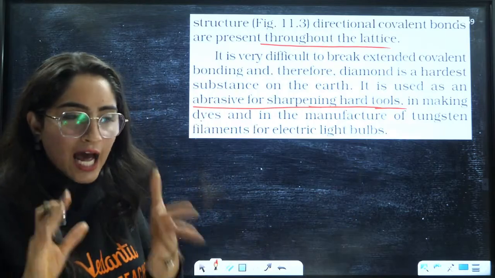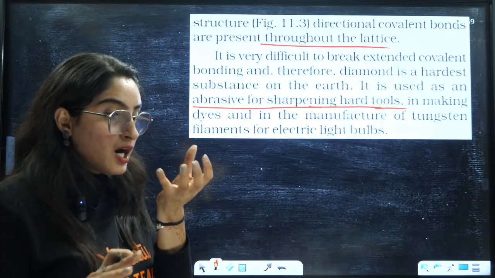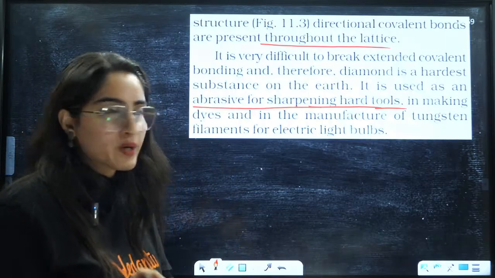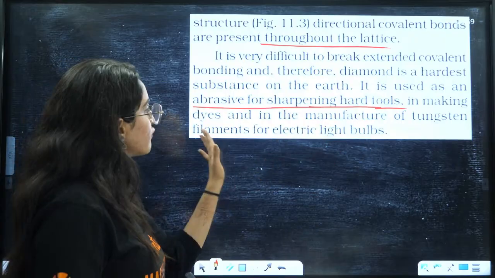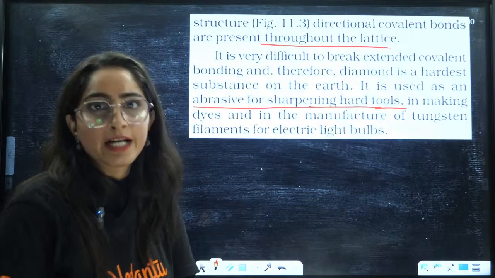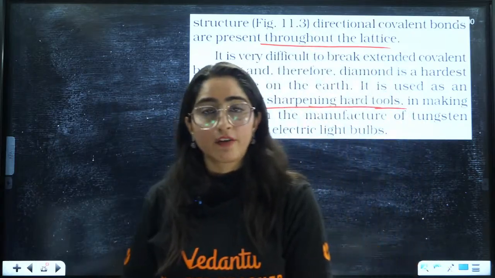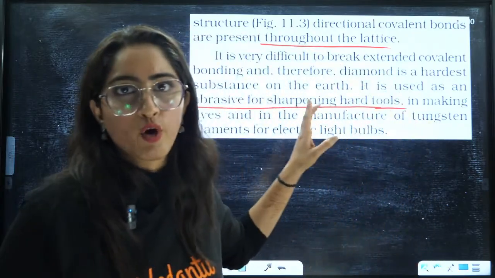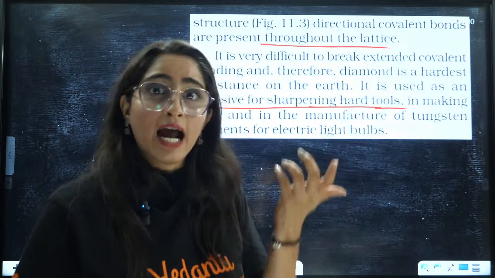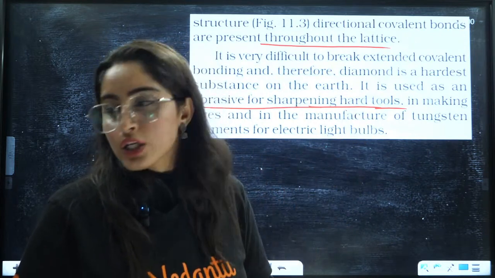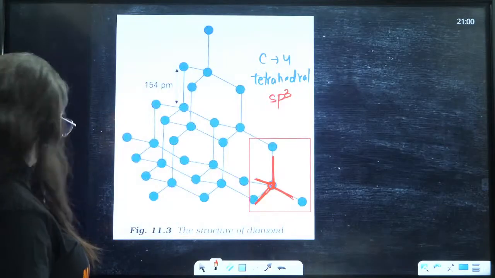The diamonds that are not very good reflectors are used in making dyes and in the manufacture of tungsten filaments for electric light bulbs. The diamond that is a very good reflector of light, we use in jewelry, right? They are also used in dentistry.